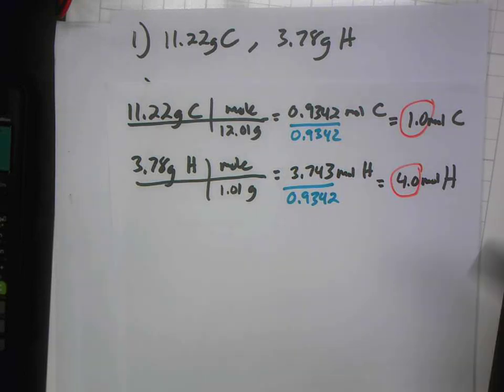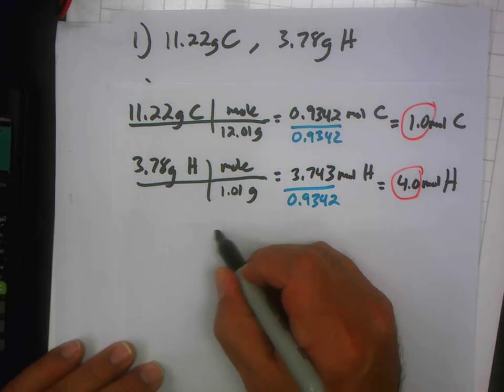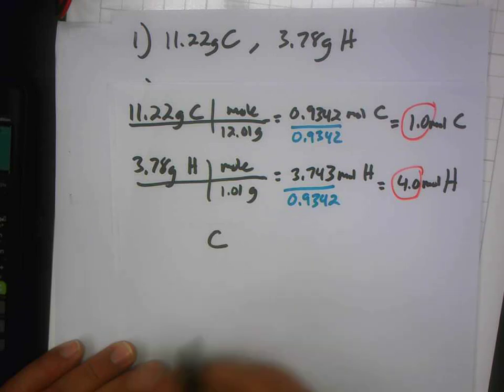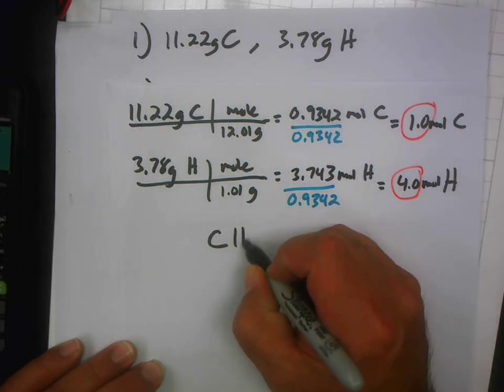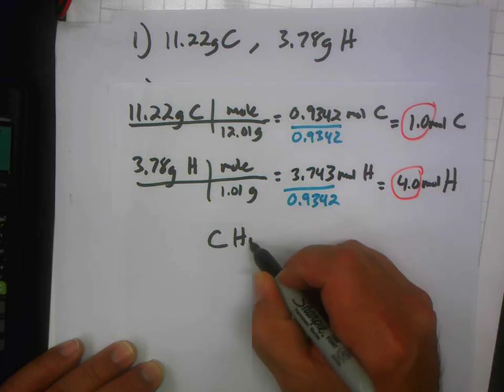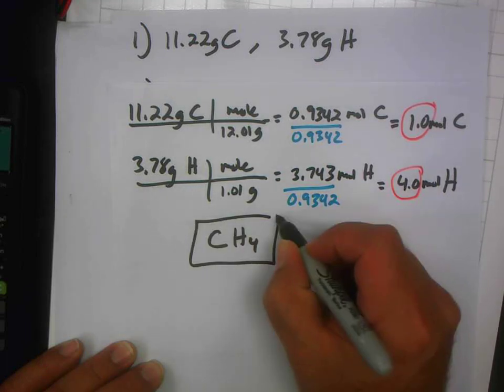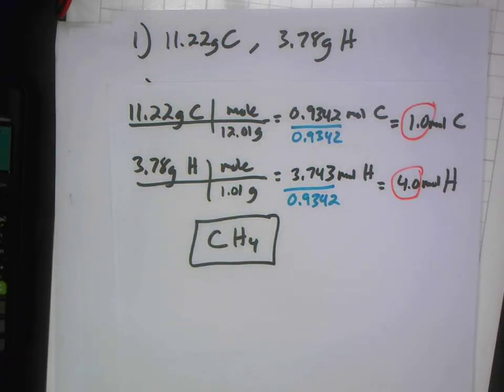For carbon, the subscript is a 1, and since we don't write ones, I won't write any subscript. For hydrogen, there's a 4.0. So here's my formula, CH4. This is the empirical formula for this substance, CH4.